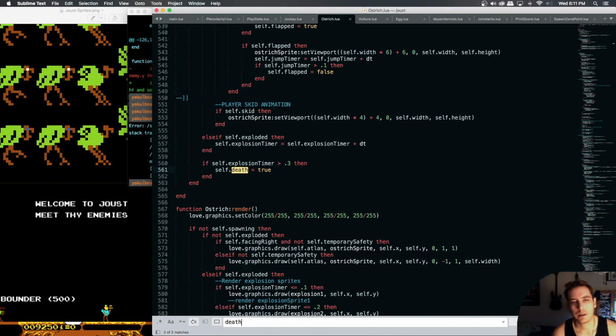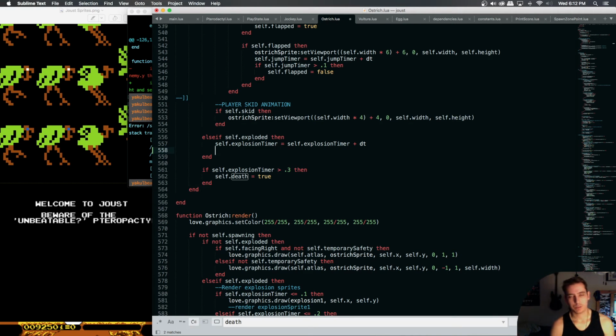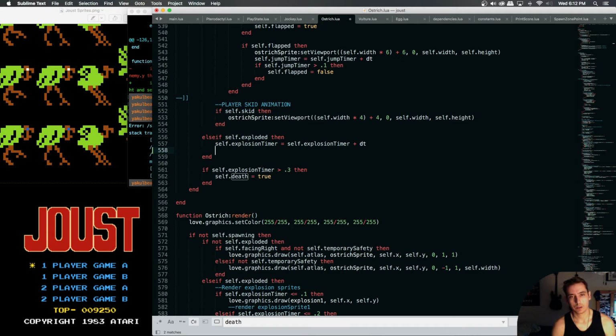What do we do? If we die, if our explosion timer is greater than 3, yeah, because we're not officially dying until after the explosion timer, which is making our dead body collide with a vulture, killing the vulture.